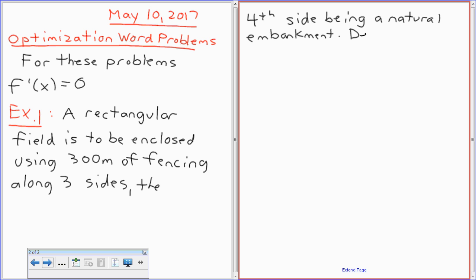Determine the dimensions to maximize area.